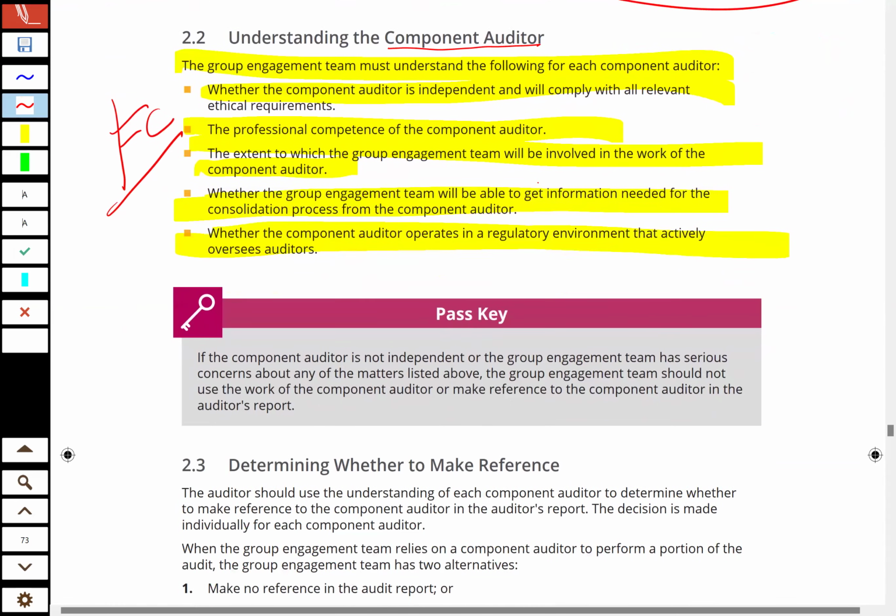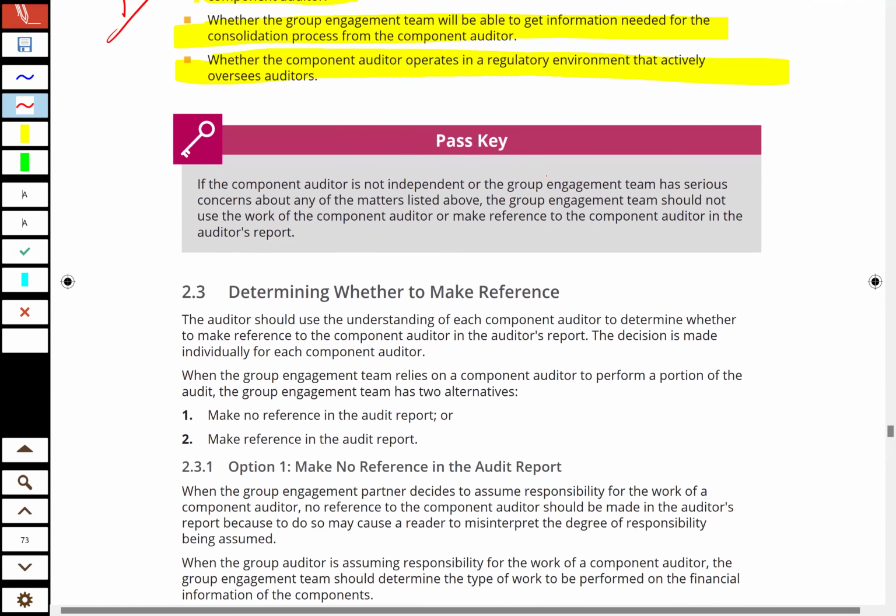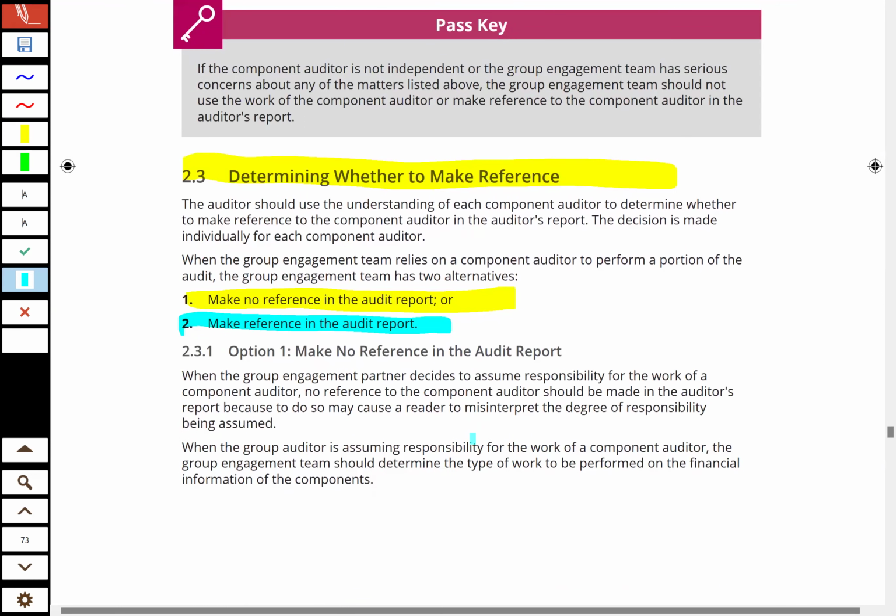Okay. Now, the group auditor will decide whether they're going to mention the component auditors or not. They're either going to refer to them or not. If they decide not to make reference, then the group auditor assumes responsibility of the work for the component auditor, and no reference is made of those component auditors.